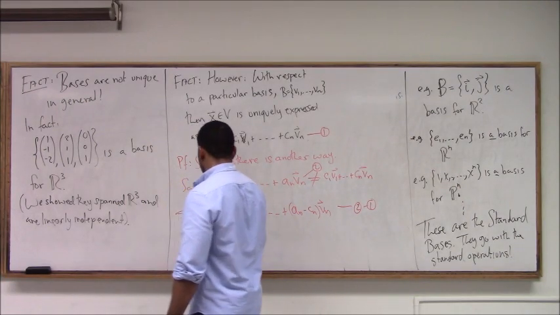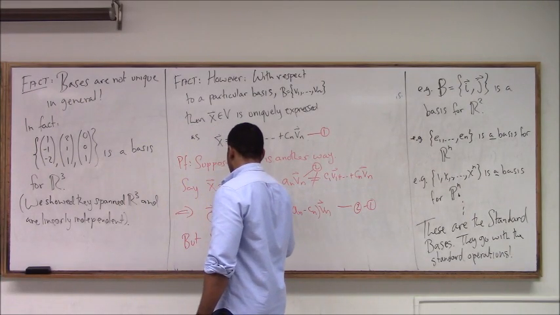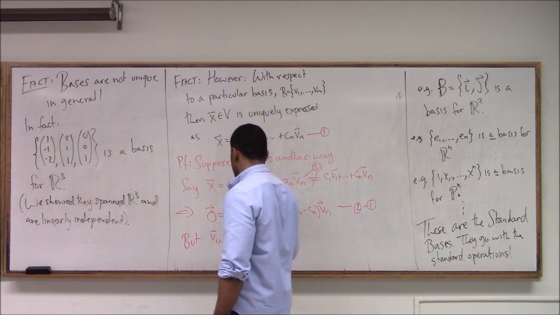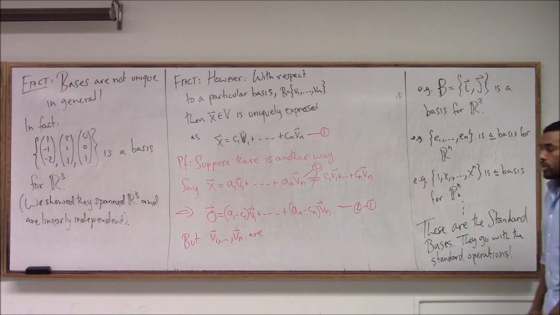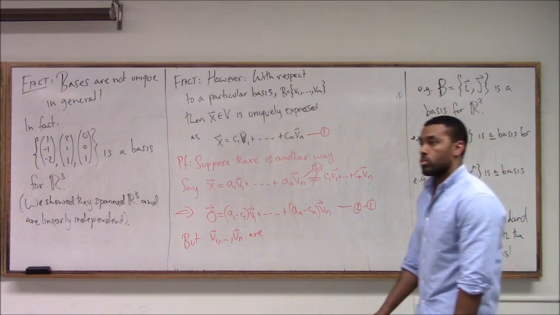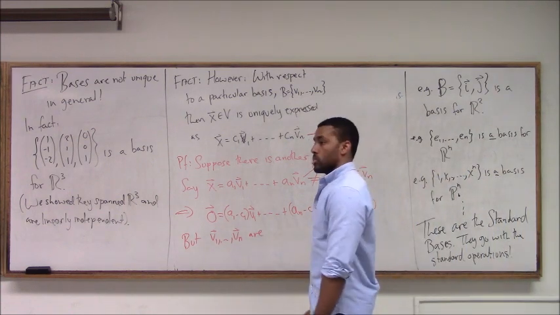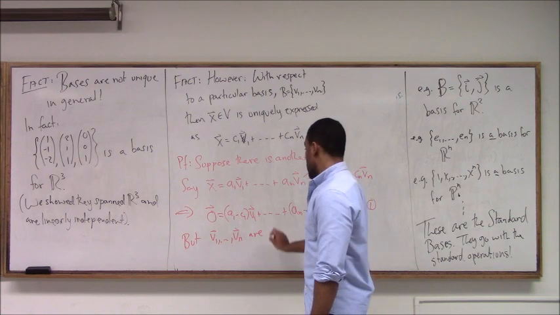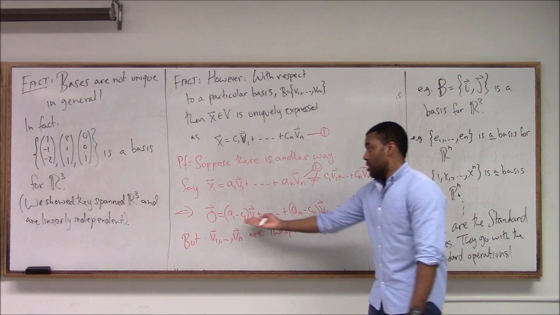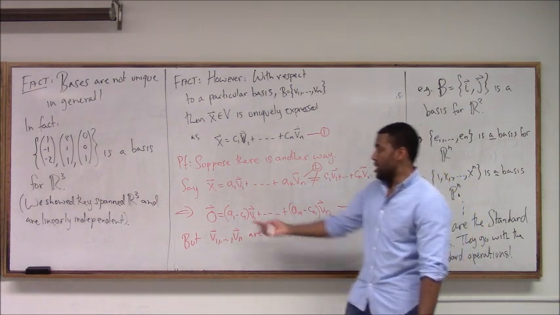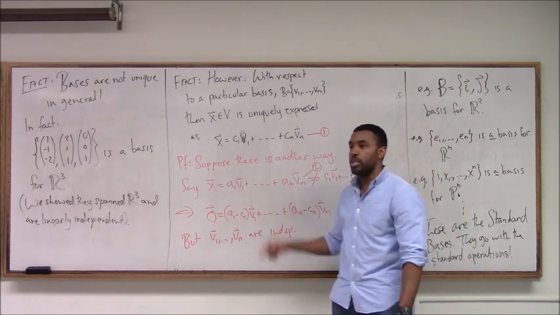But what do I know about the v's that can show me that these are actually the same? They're independent. Which means setting up a linear combination equal to 0 means that the coefficients have to be 0.